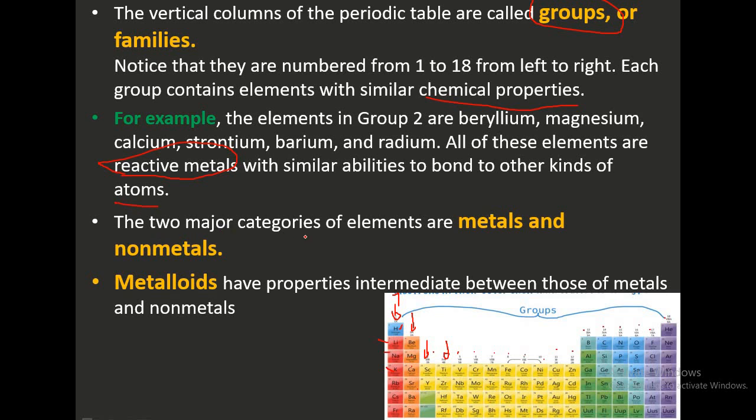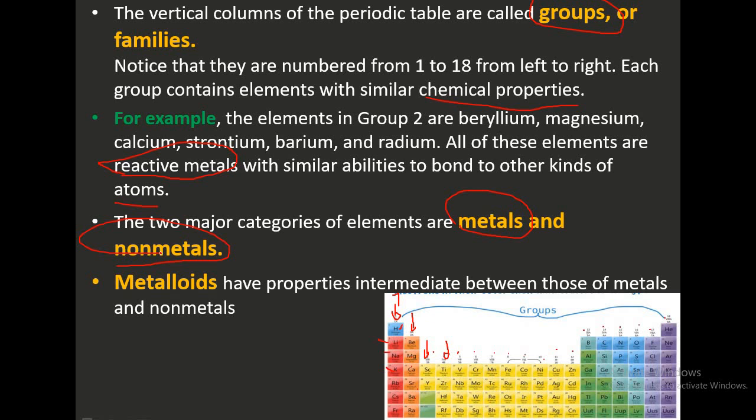The two major categories of the elements are metals and non-metals. So the elements are divided into three categories. The first two major categories are metals and non-metals.